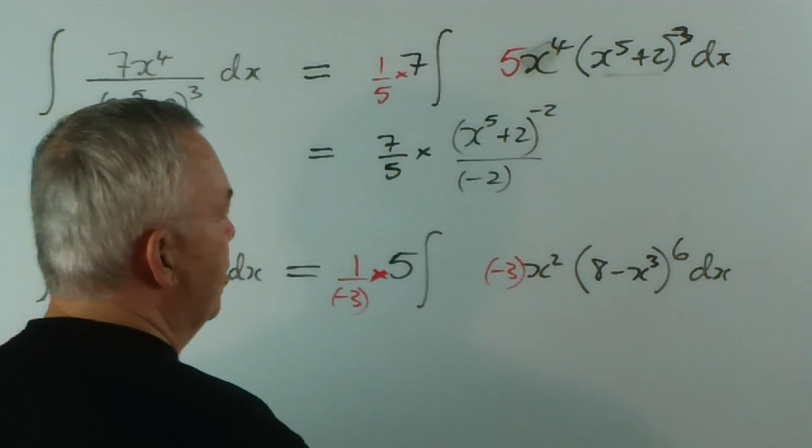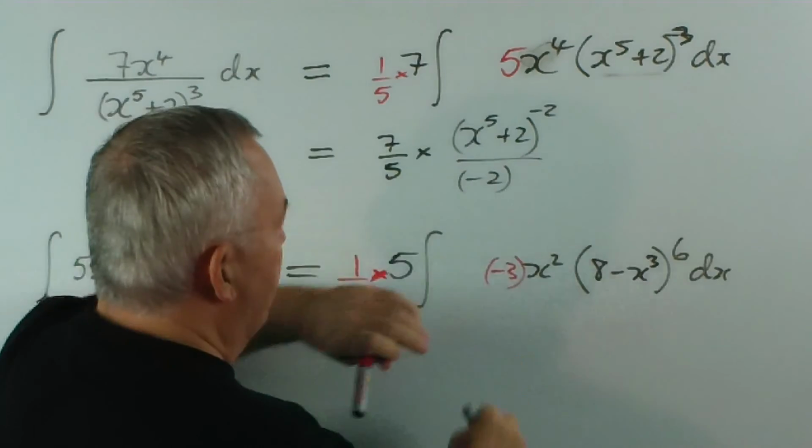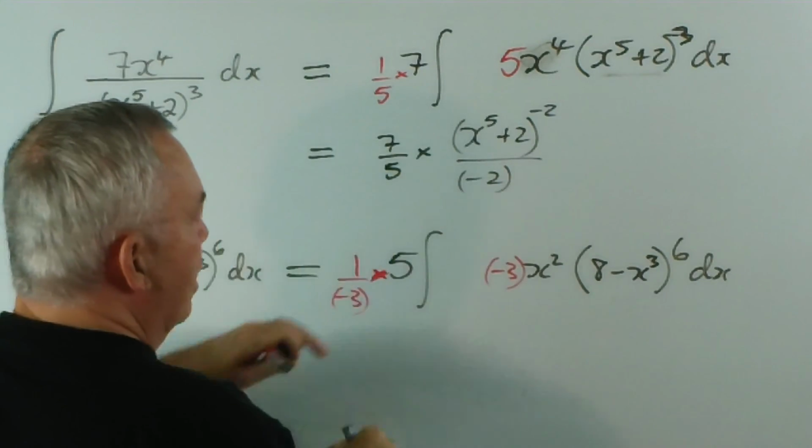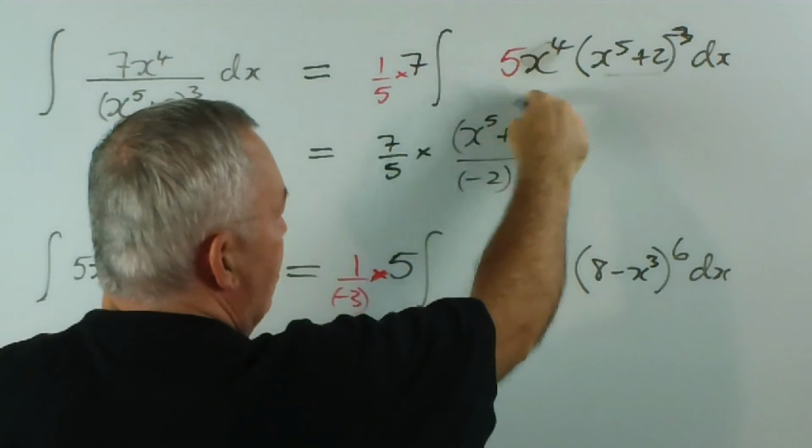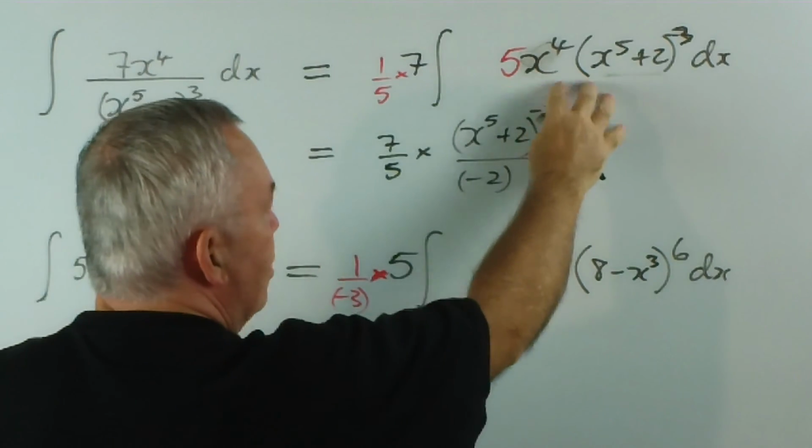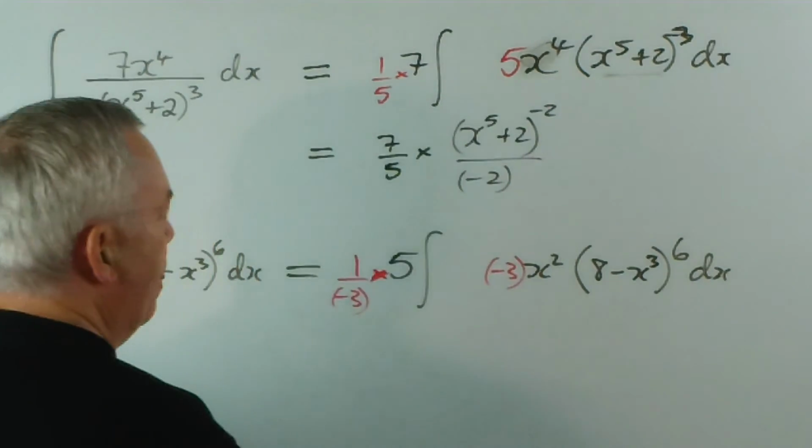That's the difference between the two methods. One method, this minus 2 ends up being out here and gives us a more clean result. This integral gives us this result.